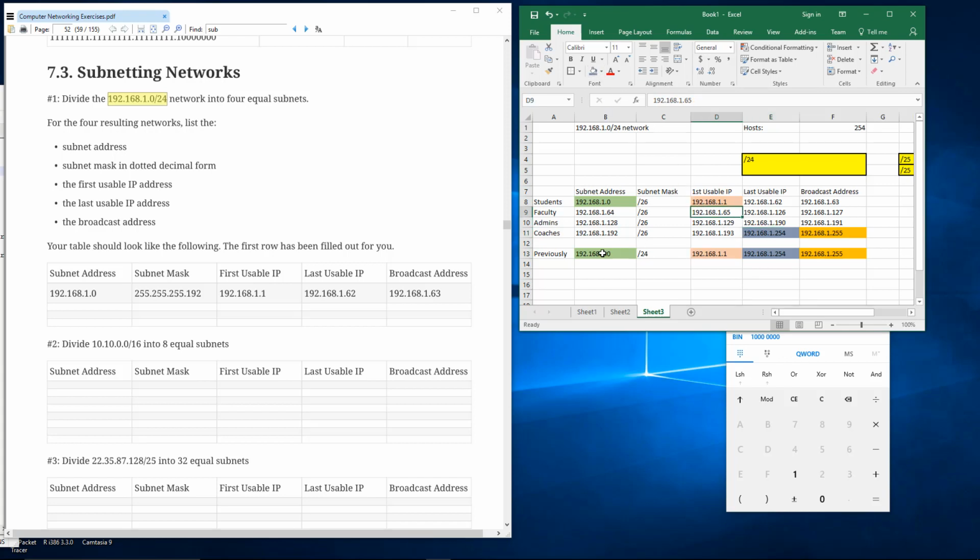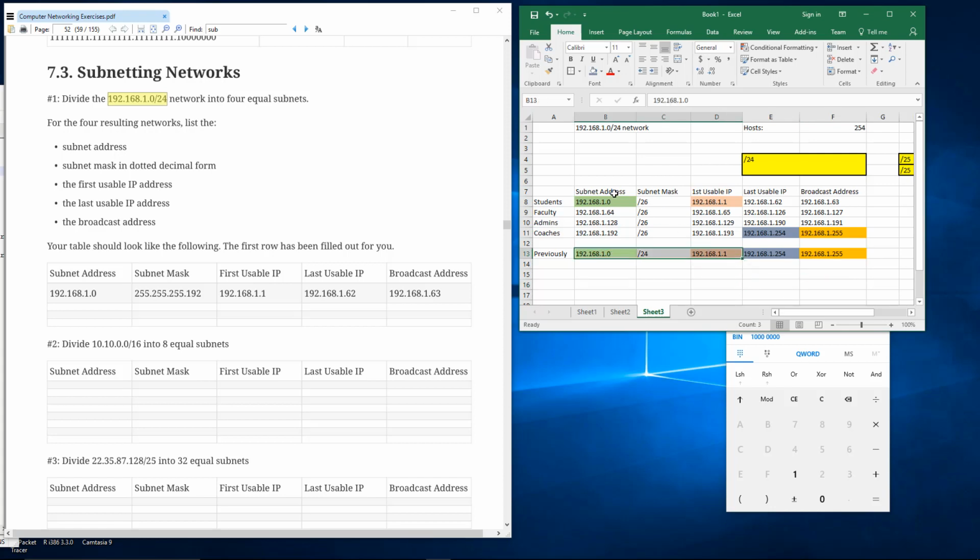So in our first network, we had a starting network address of 192.168.1.0, a first usable IP address of 192.168.1.1, and the very last usable IP address in this whole range was 192.168.1.254, and the last broadcast address was 192.168.1.255.